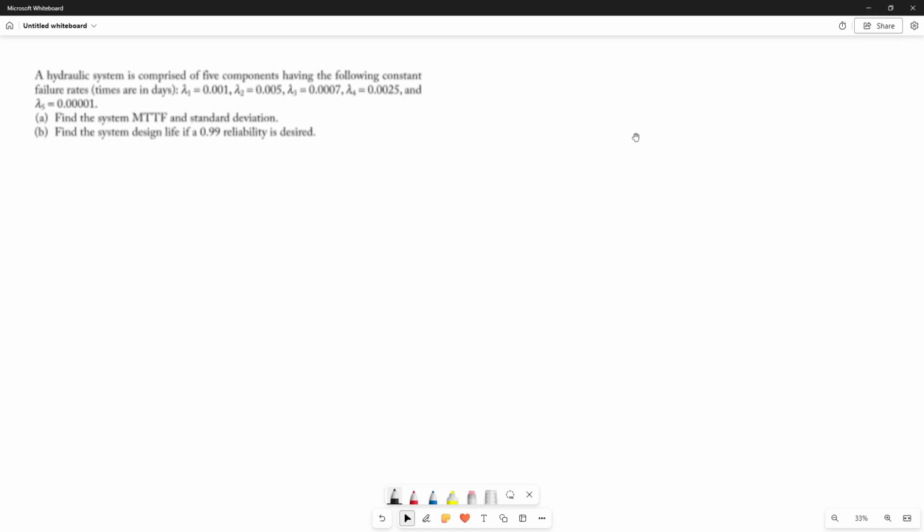So first things first, we need to find the failure rate of the system. So for this system, the total, let's call this lambda for the system, will be lambda 1 plus lambda 2 plus lambda 3 plus lambda 4 plus lambda 5.